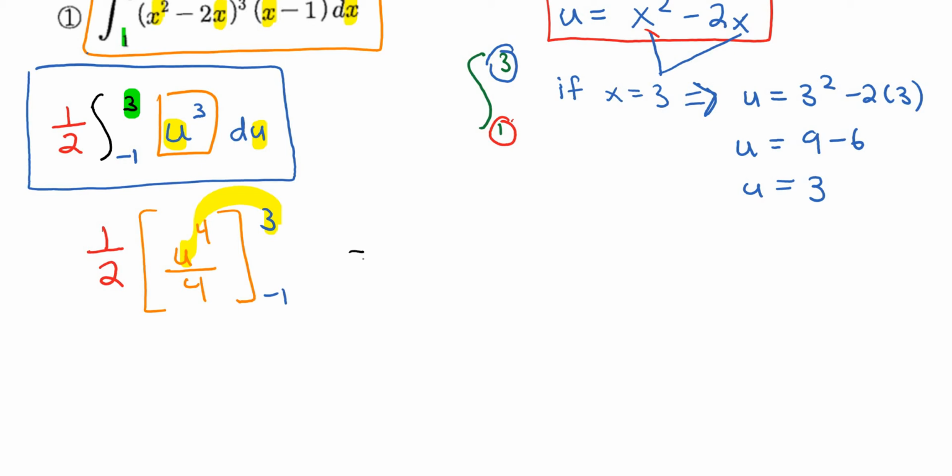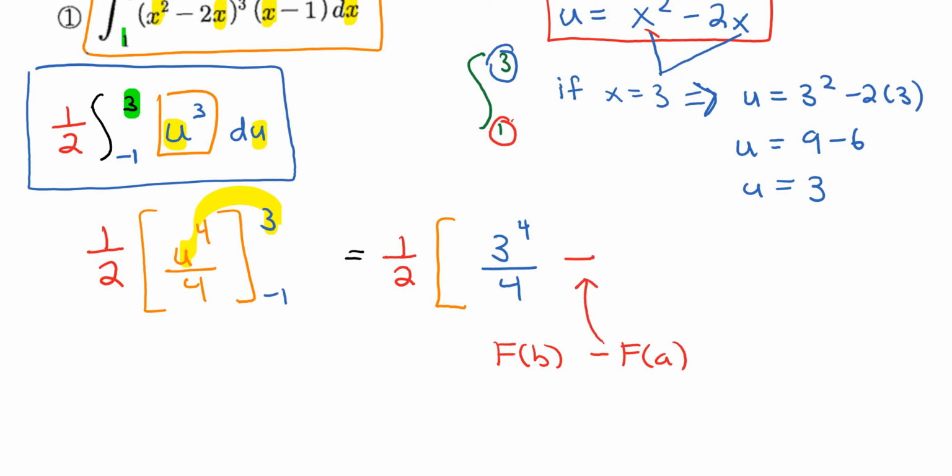So the 1/2 would remain, and now I have 3 to the power of 4 divided by 4. And then remember, the fundamental theorem of calculus states that you are actually subtracting the lower bound from the upper bound, so I need a minus sign here. And then let's insert the negative 1 into the variable. That would give me negative 1 to the power of 4 divided by 4, and then I can close the bracket over here.